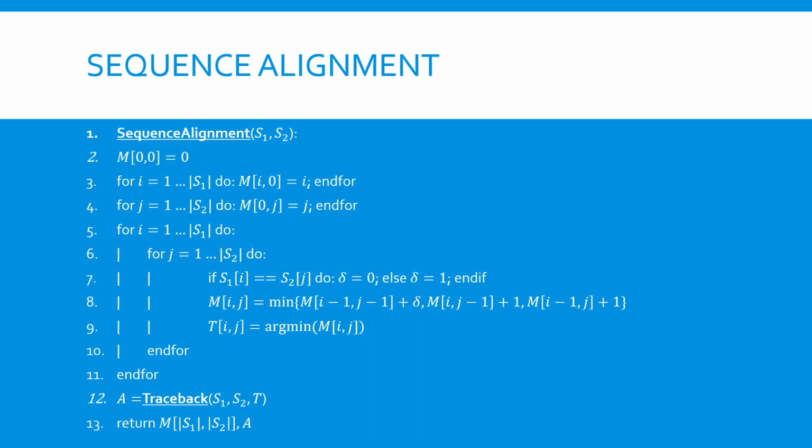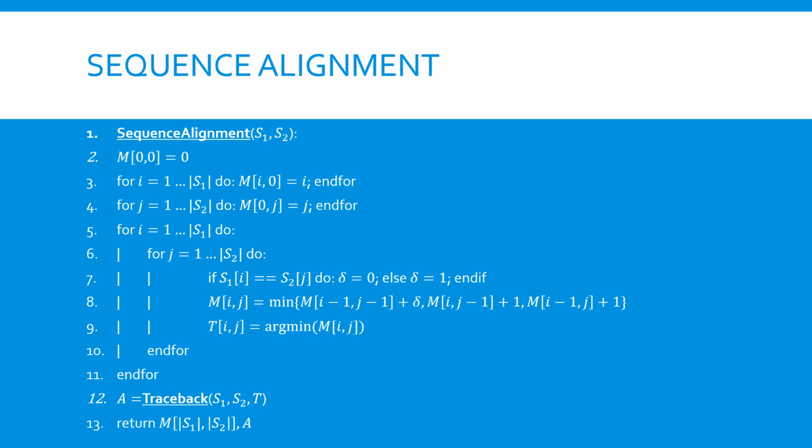We summarize the algorithm as pseudocode here. Lines 2 to 4 handle the boundary cases, computing the values for the first row and column of the DP table. Lines 5 to 11 compute the remaining entries based on the recursive function. Specifically, line 7 compares the two letters S1[I] and S2[J] and determines the value of delta.